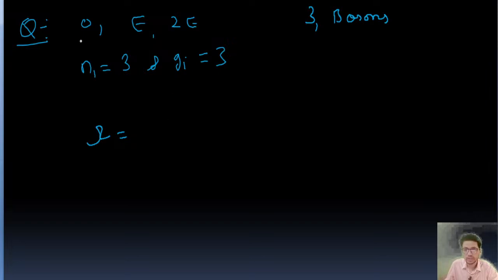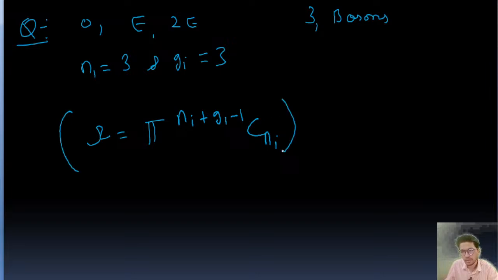We'll just use the formula because we will use Bose-Einstein statistics, right? That is the product of Ni plus Gi minus 1 C Ni, right? This is for BE statistics, okay?